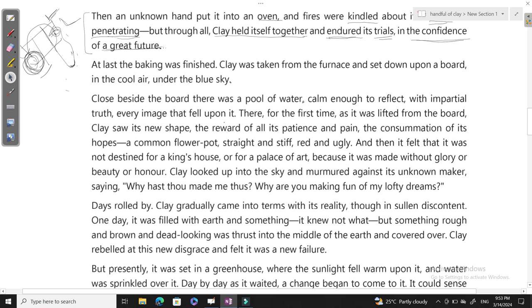And there it was kept beside the pool of water. The pool of water was so calm that it could give the reflection of things just as they are. The same way, it was kept in the open sky.